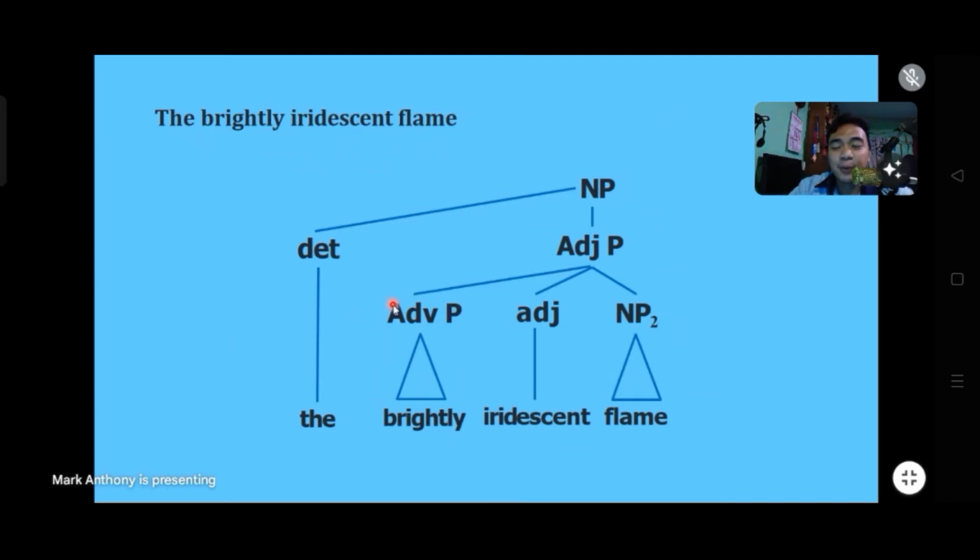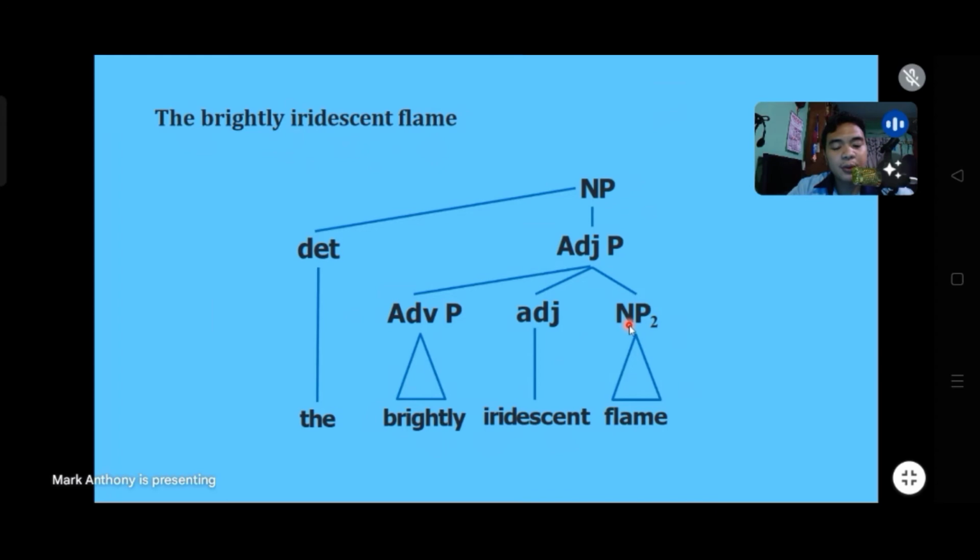The second word we have is brightly, and brightly is an adverb. Therefore, it has a specific constituent, the adverb phrase, because the word brightly modifies the adjective iridescent. Next in the adjective phrase, we have the adjective itself, iridescent, followed by the noun phrase, which is flame.